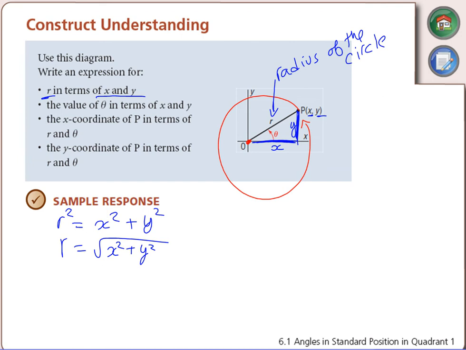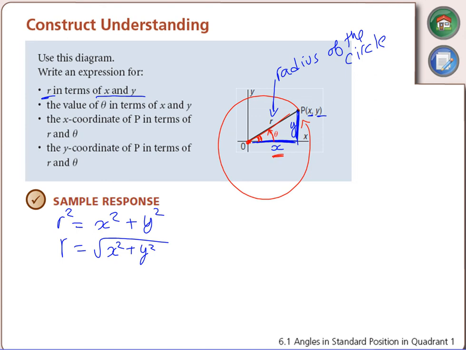Second one, the value of theta. We can see theta is right in here. Theta is always going to be at the origin. We're always going to be looking at our angles inside the triangle between the x-axis and that R line.